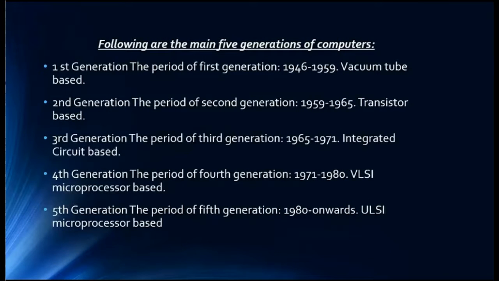Following are the main five generations of computers. First generation, vacuum tube-based, 1946 to 1959. Second generation, transistor-based, 1959 to 1965. Third generation, integrated circuit-based, 1965 to 1971.